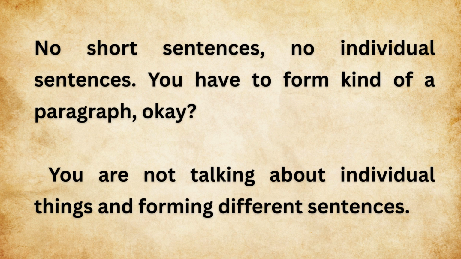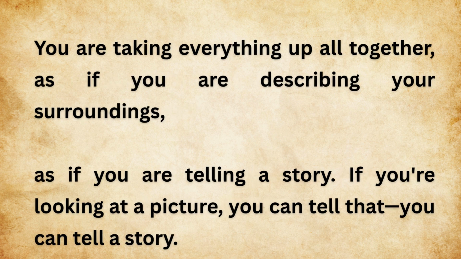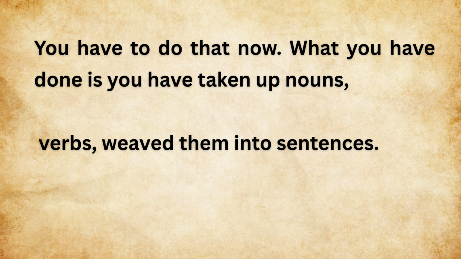You are not talking about individual things and forming different sentences. You are taking everything up all together, as if you are describing your surroundings, as if you are telling a story. If you're looking at a picture, you can tell a story. You have to do that now.